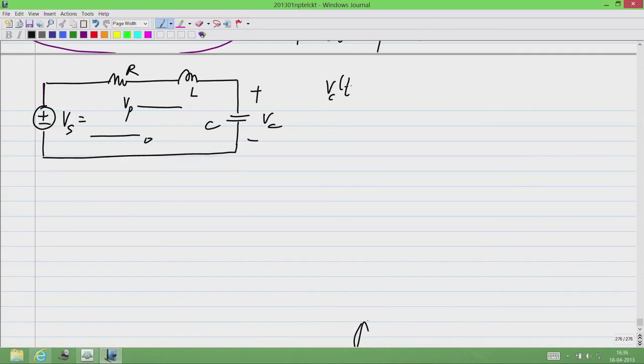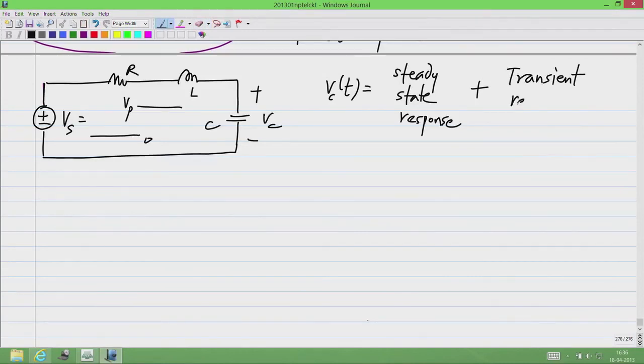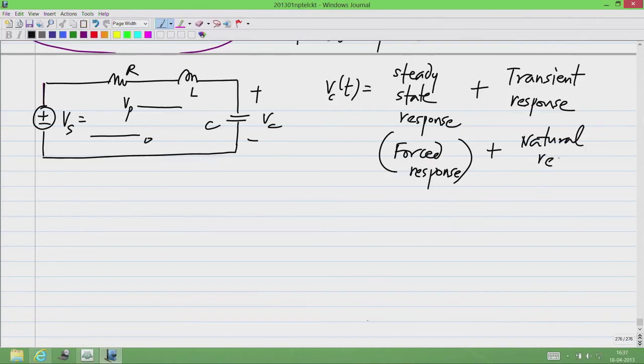So, Vc of t will be of the form steady state response plus transient response, or forced response plus natural response.